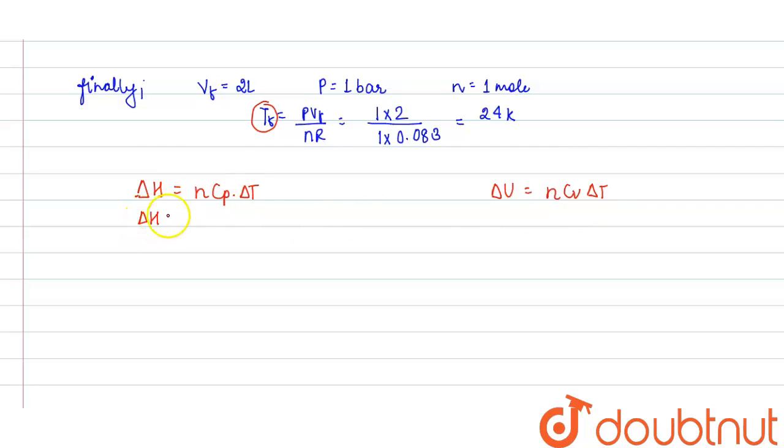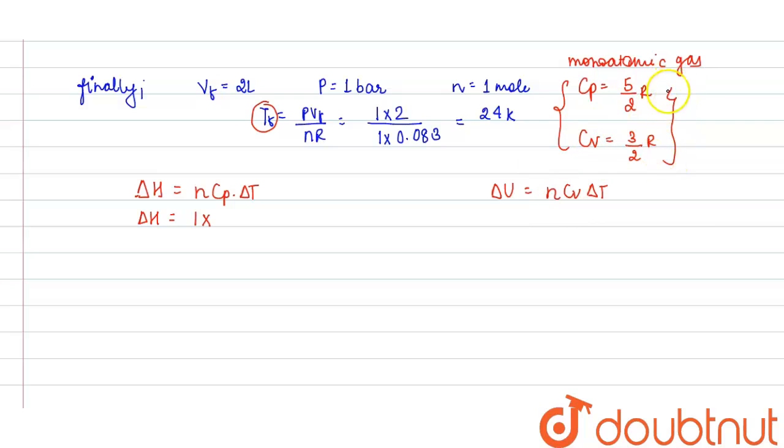For a monoatomic gas, Cp is equal to 5 by 2 R and Cv is equal to 3 by 2 R.